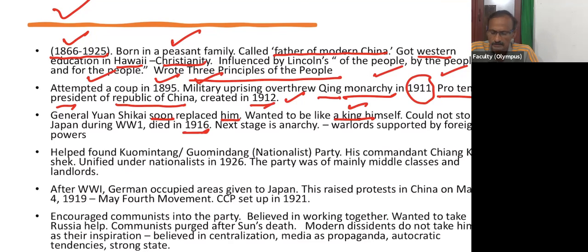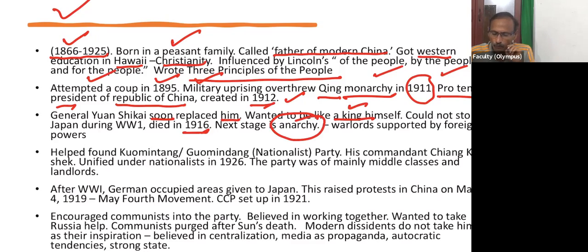After that, anarchy followed, because there was a vacuum at the center. I think this shows that there were no other kings, because of which anarchy was created. And what was the nature of anarchy?